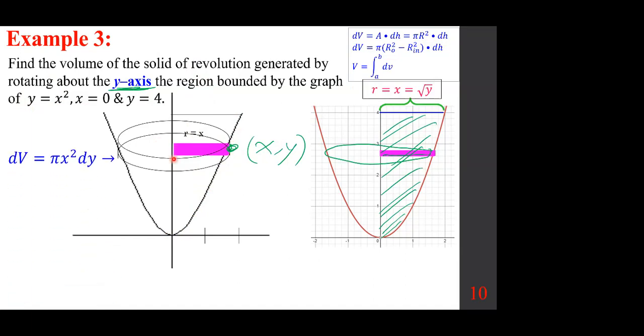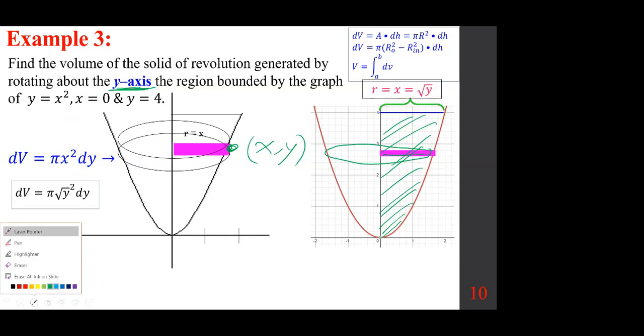So dv is pi r squared. When you square the r, that means x squared, that means y. This is r squared. So this, when you square it, you get y. You can, if you want, change that.